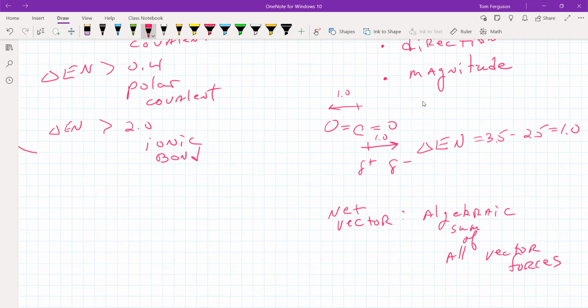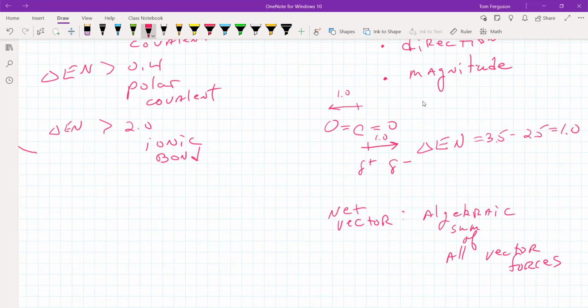So in the case of carbon dioxide, overall, is CO2 a polar molecule or a non-polar molecule? That's above 0.4, so that would be 4.